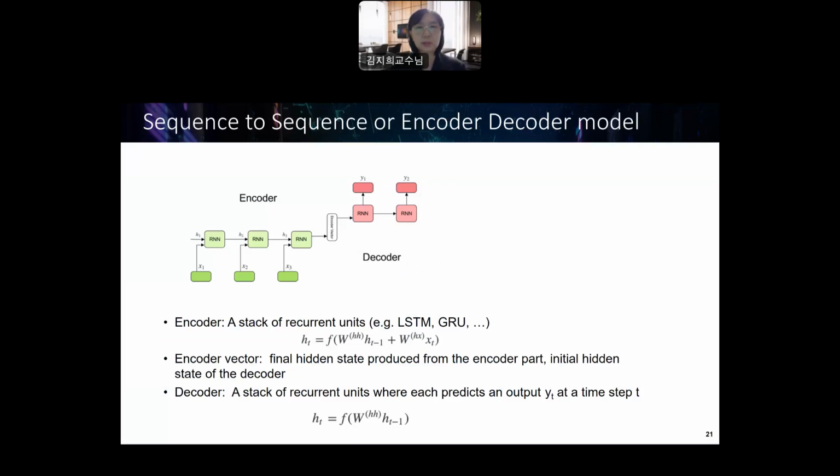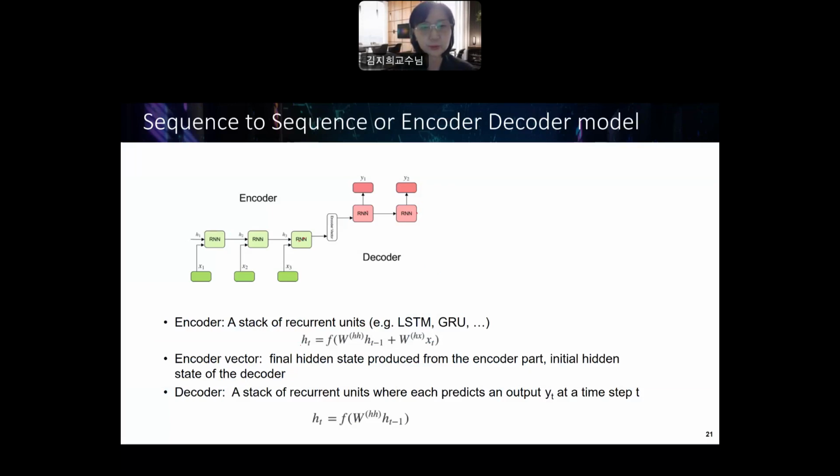Let's look at the sequence-to-sequence or encoder-decoder model. This model is based on recurrent units like LSTM and GRU. So these RNN units, the boxes, can be represented as GRU or LSTM. These are the hidden layers.